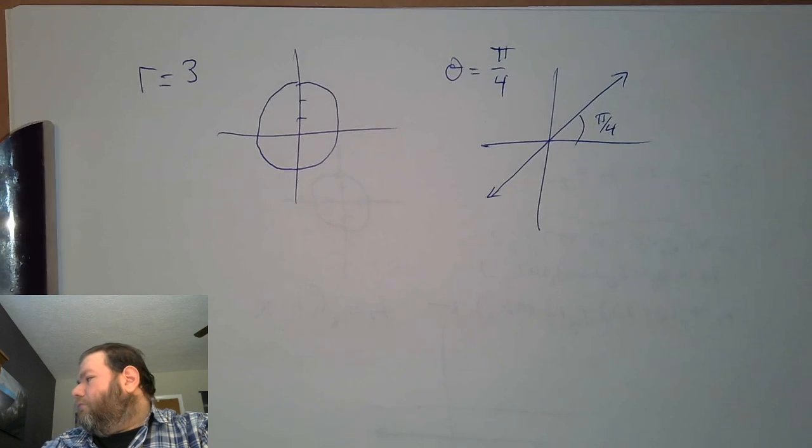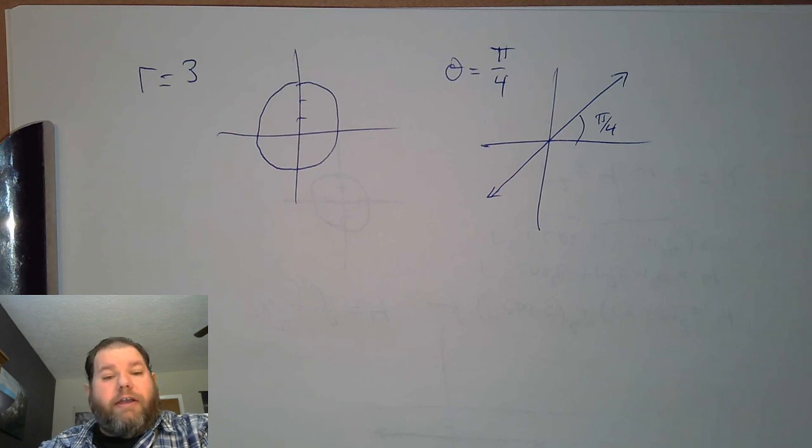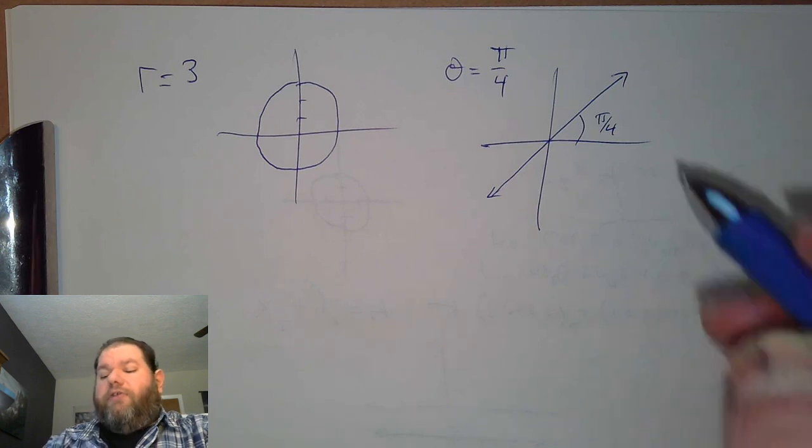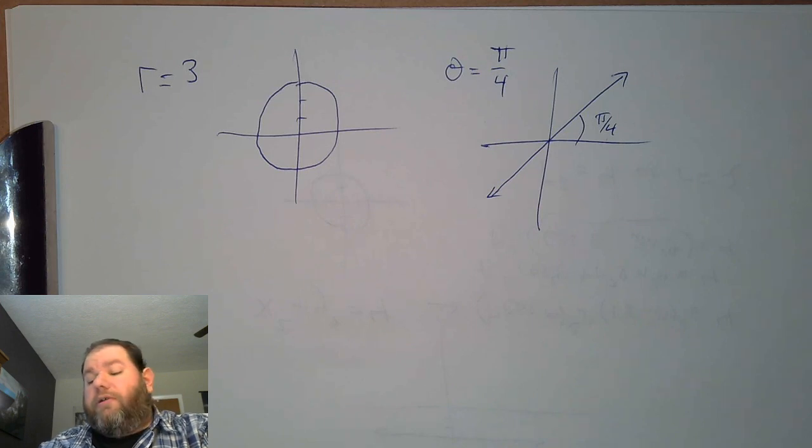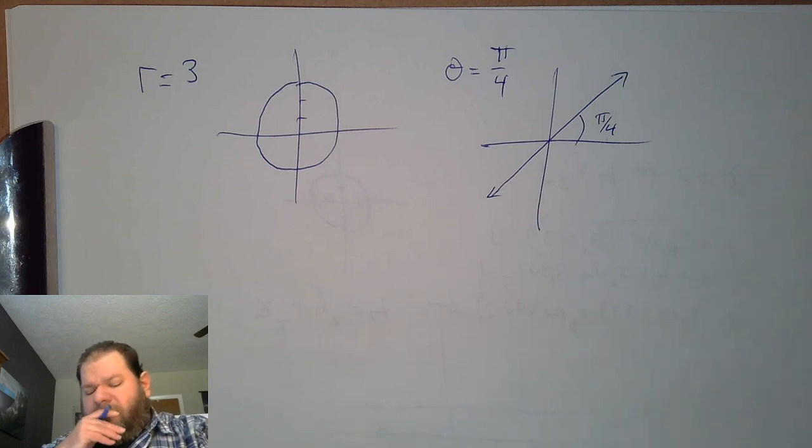So r equals a number is always a circle, that distance from the origin. Theta equals a number is always a diagonal through the origin that has the correct angle, whatever angle theta is equal to. And again, we could say 9 pi over 4, which would be the same thing.